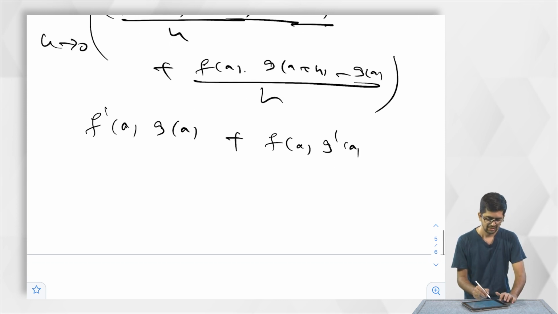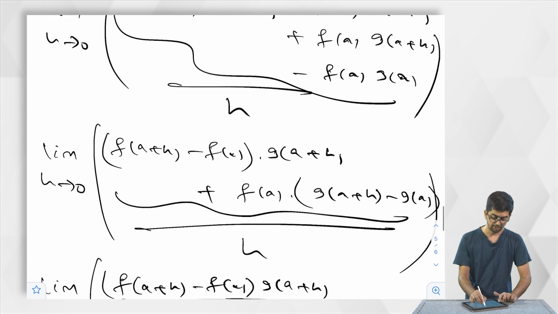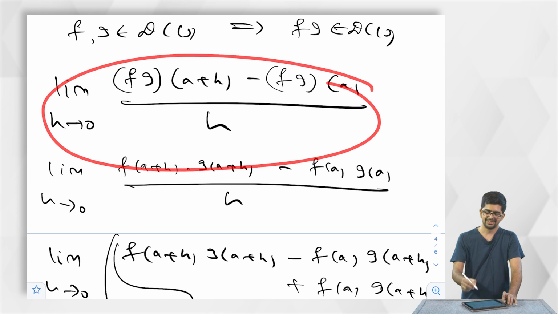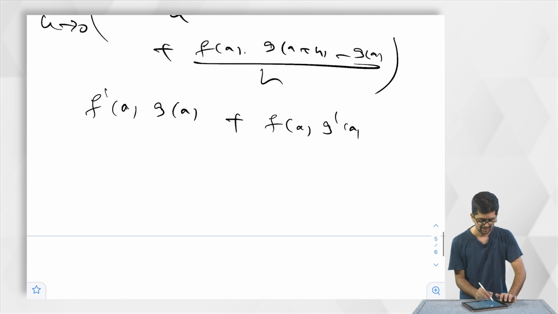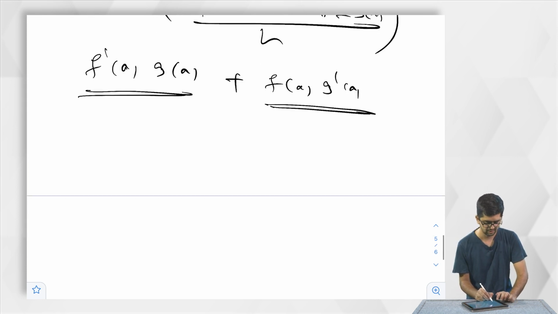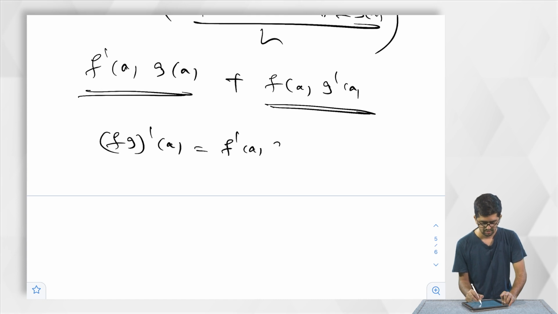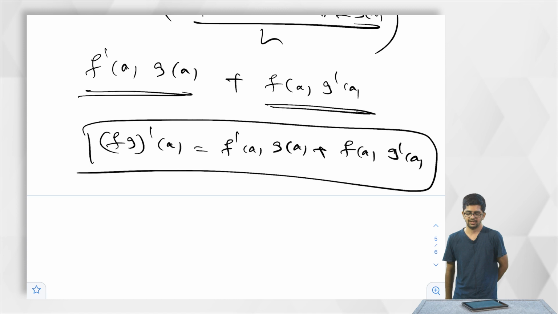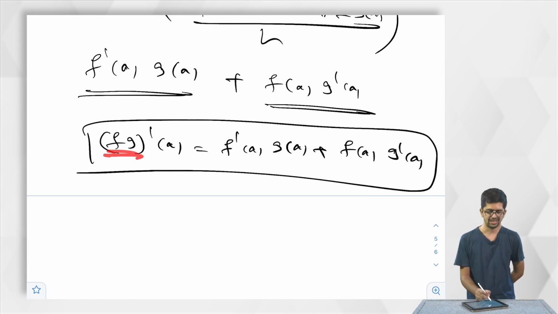So for the product fg, this limit exists, and that is the same thing as f dash of a times g of a plus f of a times g dash of a. So let me write down that once, it is equal to f dash of a g of a plus f of a g dash of a. This is the relation between derivative of fg and derivatives of f and derivative of g.